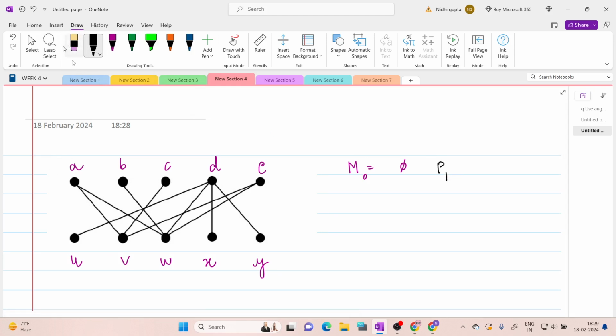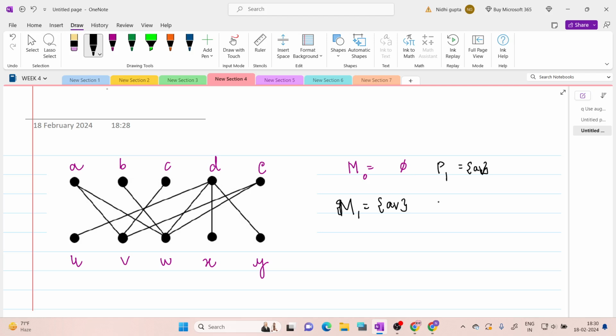So let's take AV. Now if we look at the symmetric difference, M1 is basically AV. The empty set and AV's symmetric difference is AV.